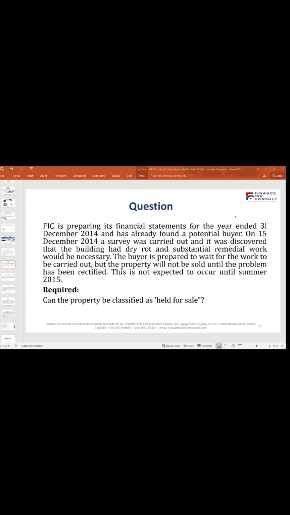The buyer is prepared to wait for the work to be carried out, but the property will not be sold until the problem has been rectified. This is not expected to occur until summer 2015. Can the property be classified as held for sale?